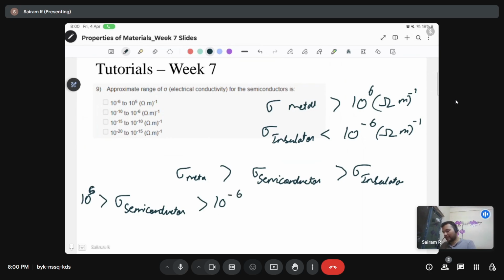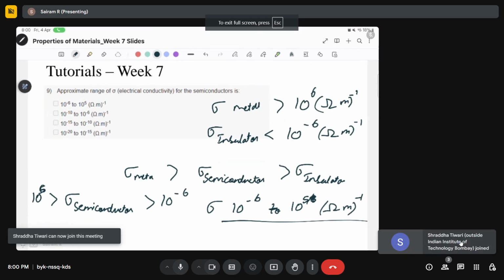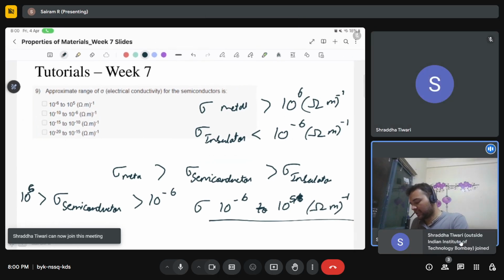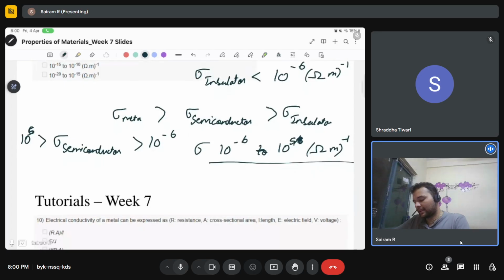So anything between the range of 10 power minus 6 to 10 power 6 ohm meter inverse is going to be the value of semiconductor, right? Okay, so is there the option for this? Yes, the very first option. This is the range of electrical conductivity for my semiconductors.